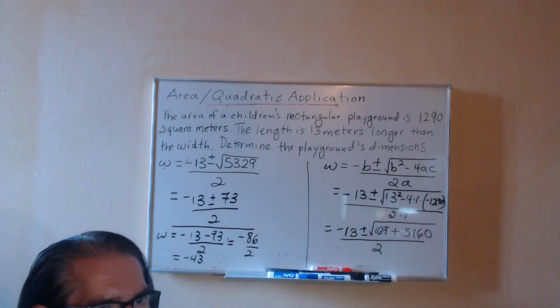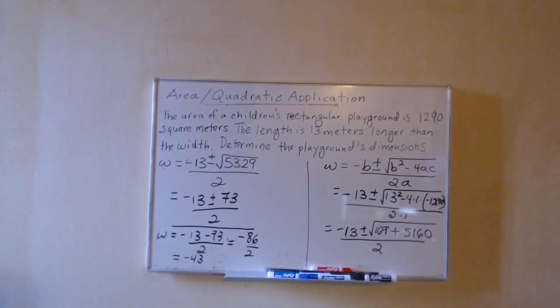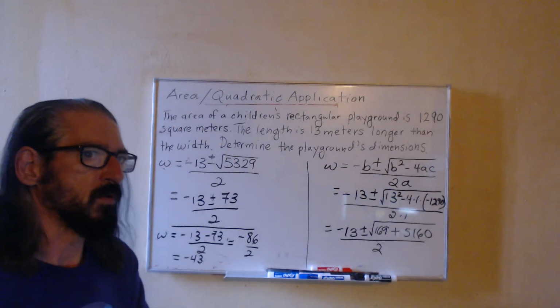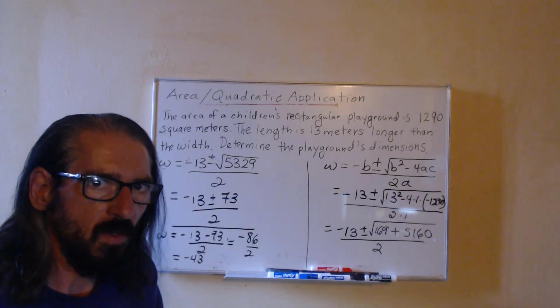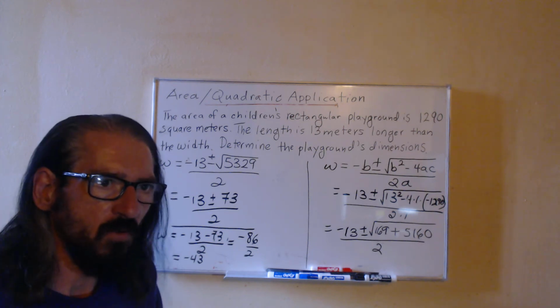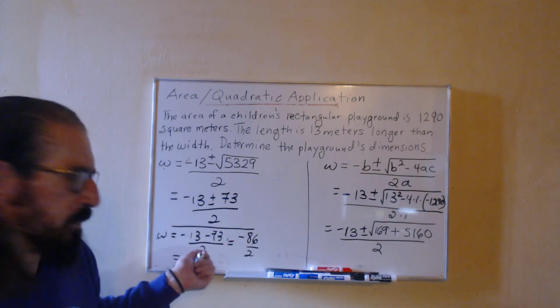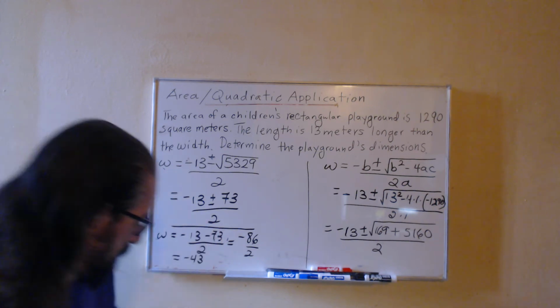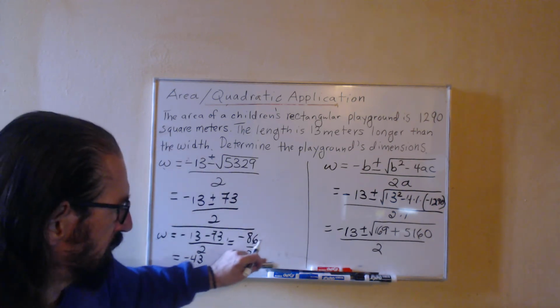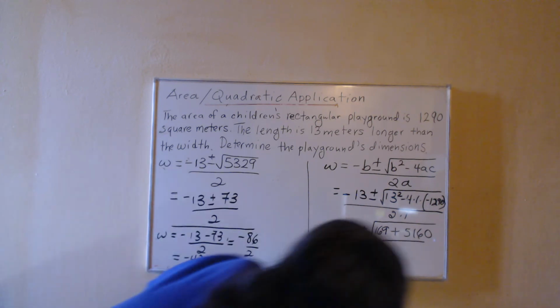Since the area is in square meters, and we have our comparison of length to width being that the length is 13 meters more, then negative 43 meters for the width makes no sense. So I'm going to reject that.